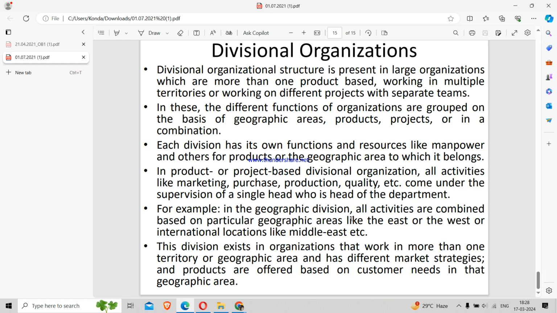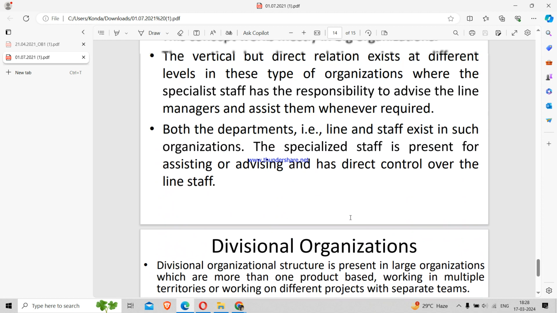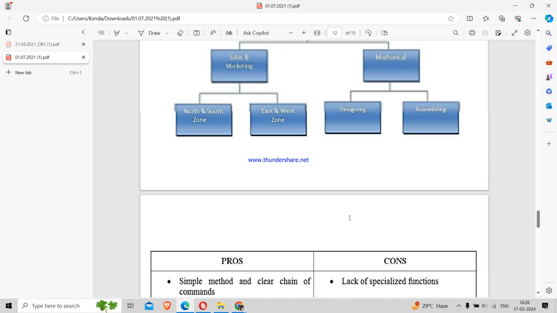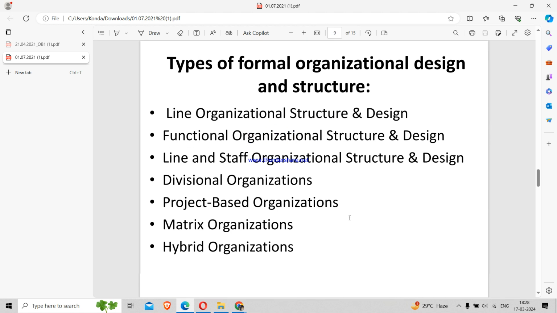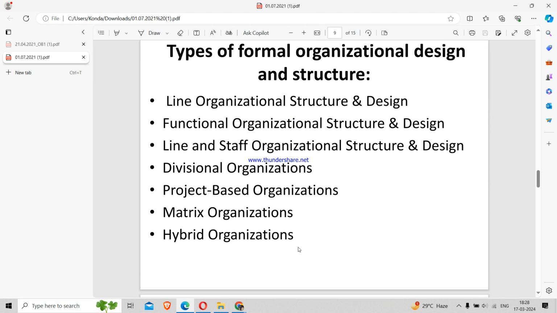So this is the very basics of the things we have covered, and there are a few which are not so relevant. Like the hybrid organization, it is a combination of many organizational designs. It is not so relevant. Matrix is also a particular set of people working under a particular set of people. This is the matrix method.